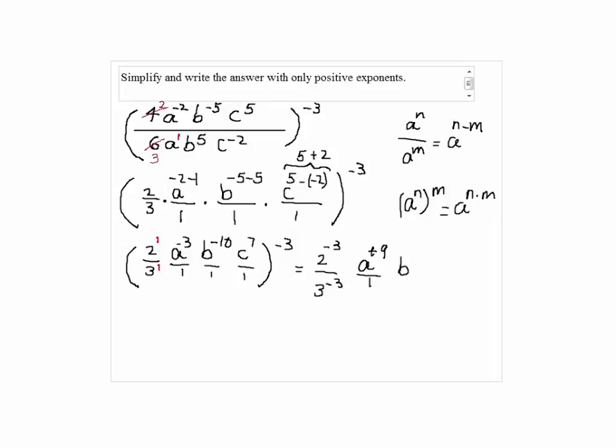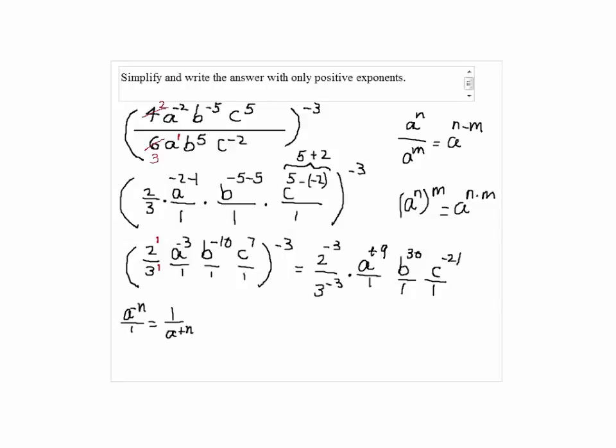And here I get a to the power of negative 3 times negative 3 would be positive 9. And then you have b to the power of negative 10 times negative 3 would be positive 30. And c to the power of 7 times negative 3, negative 21.